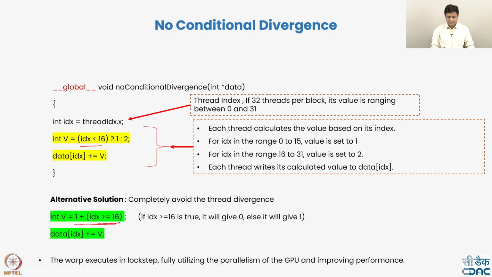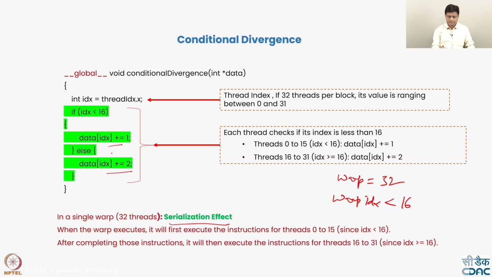But if IDX is greater than 16, it is always going to generate the value 1. I will just go back and we will see this statement. If my IDX is less than 16, then we have to add 1. If IDX is greater than 16, then we have to add the value 2.